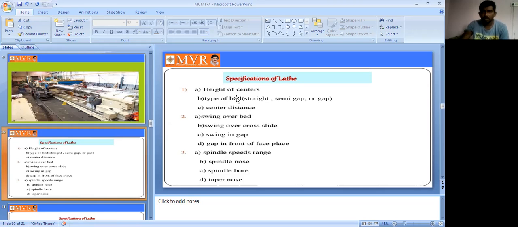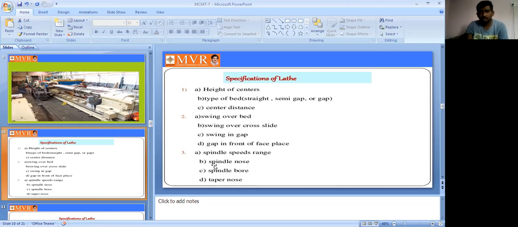These are the first specifications. Next is swing over bed, swing over cross slide, swing in gap, and gap in front of the face plate. That is the second specification.